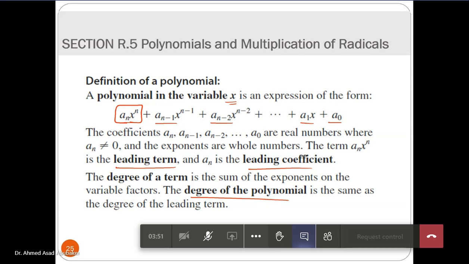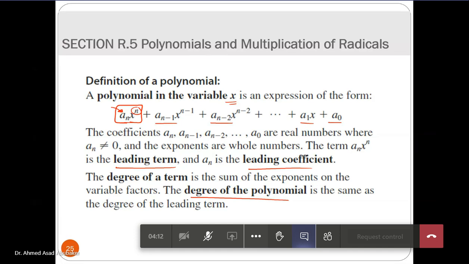The leading coefficient is the number multiplied by the x, this is the leading coefficient. The degree of the polynomial is the largest exponent.